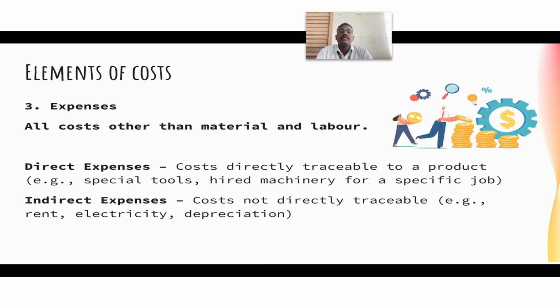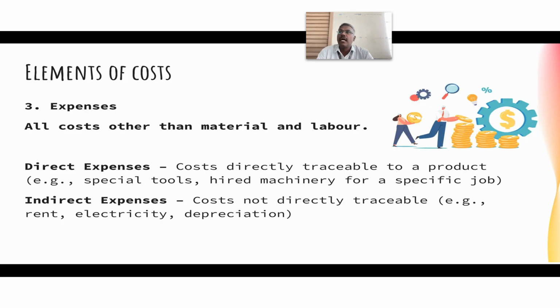And the third one is expenses, all costs other than materials and labor. There are direct expenses, the cost directly traceable to a product. For example, special tools or hiring new machinery for specific jobs. The second one is indirect expenses, the cost not directly traceable.